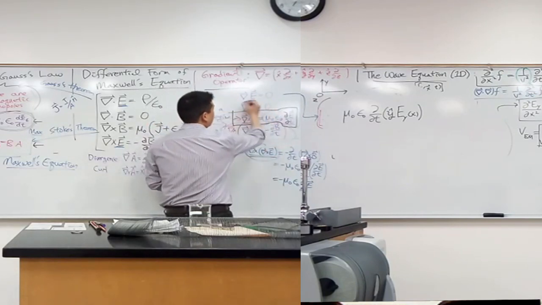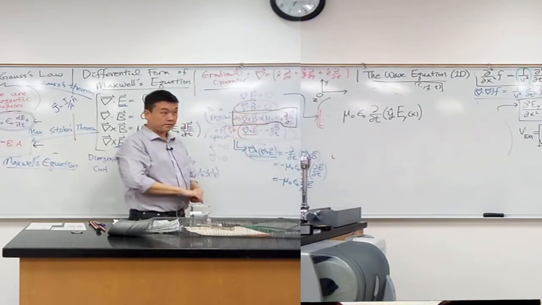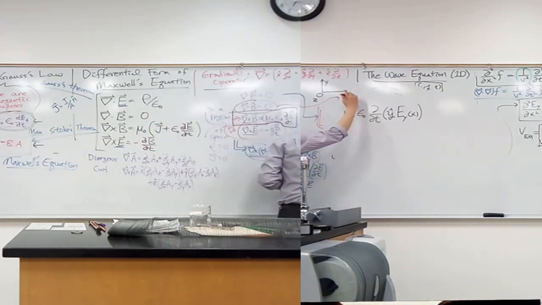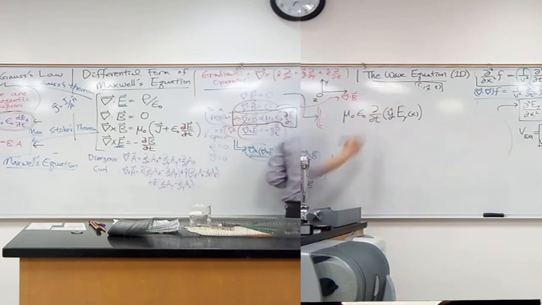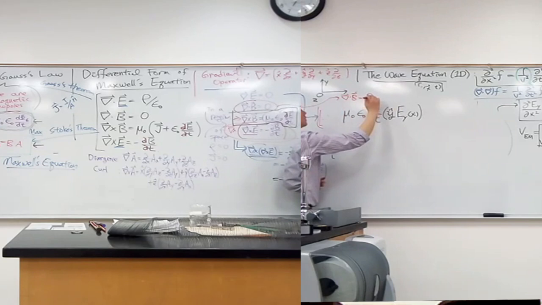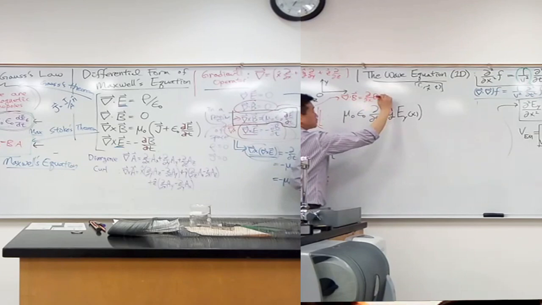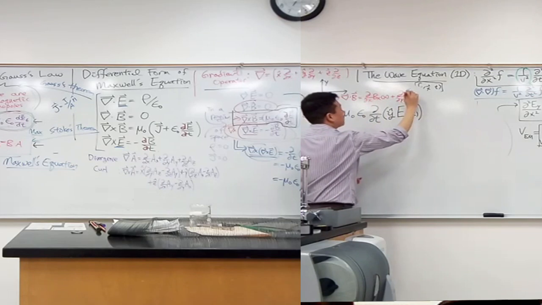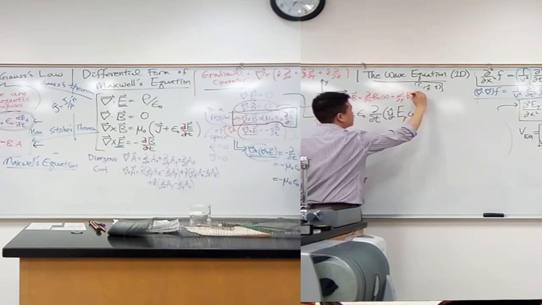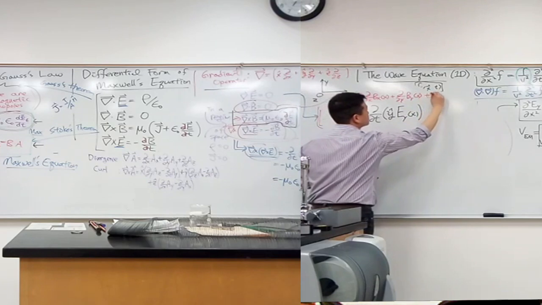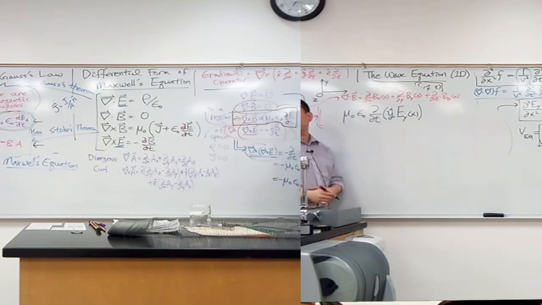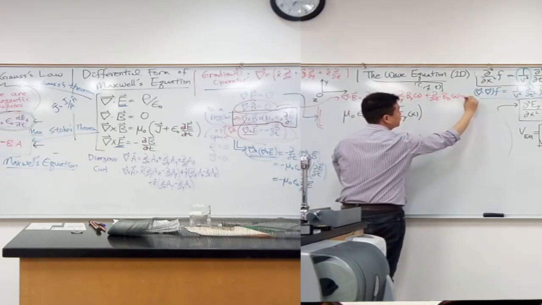Starting from the divergence of the magnetic field, writing it out in terms of components, it is the x derivative of the x component, which is only going to be a function of x, plus the y derivative of the y component, which is only a function of x, plus the z derivative of the z component, which is only a function of x, and all of that is equal to 0.